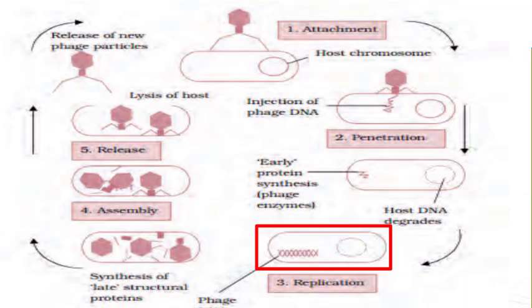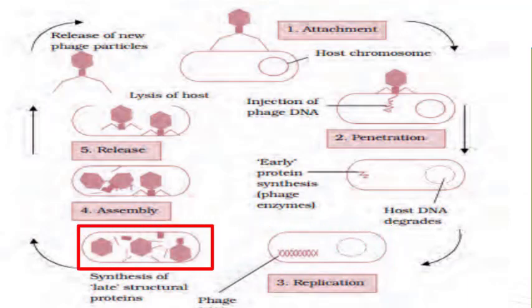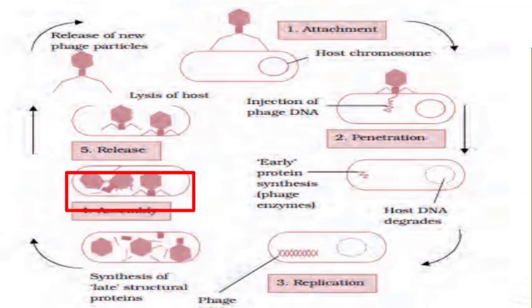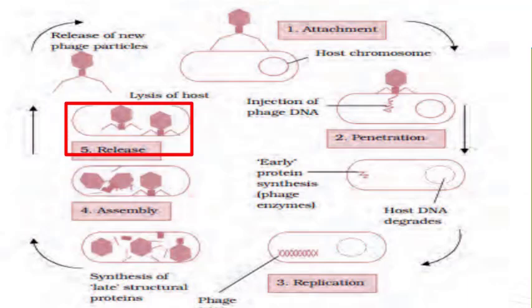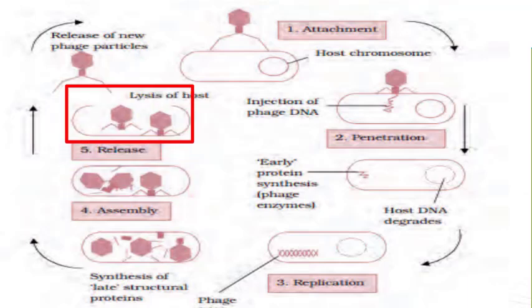Third, phage or viral DNA replicates and hence determines synthesis of late structural proteins, what we call capsid proteins. Fourth, the viral DNA and proteins are assembled together. And lastly, release of new phage particles through lysis of the host cell.